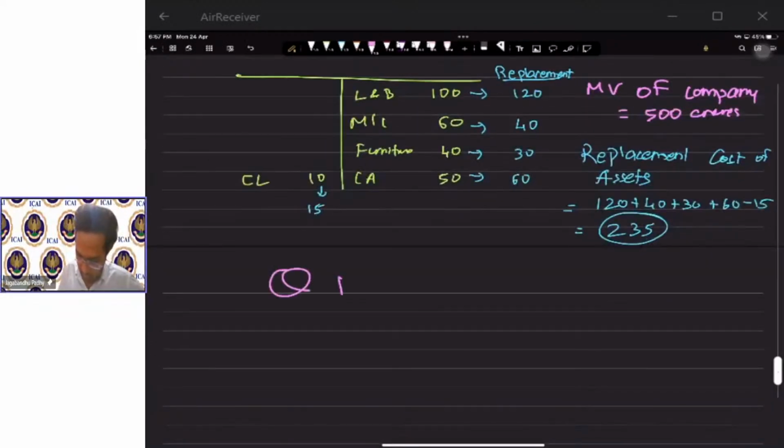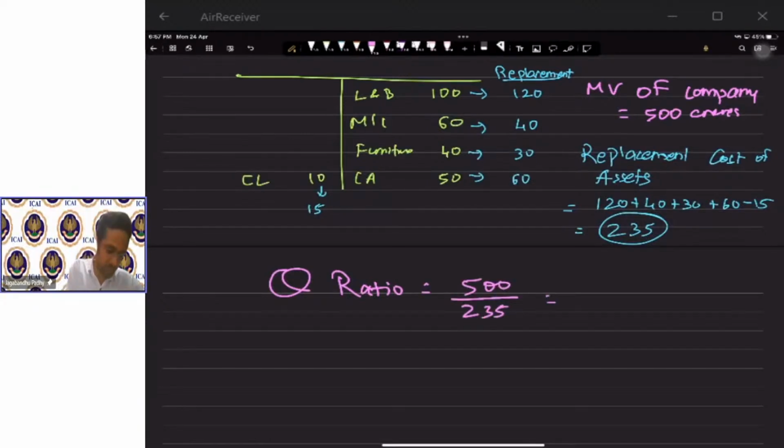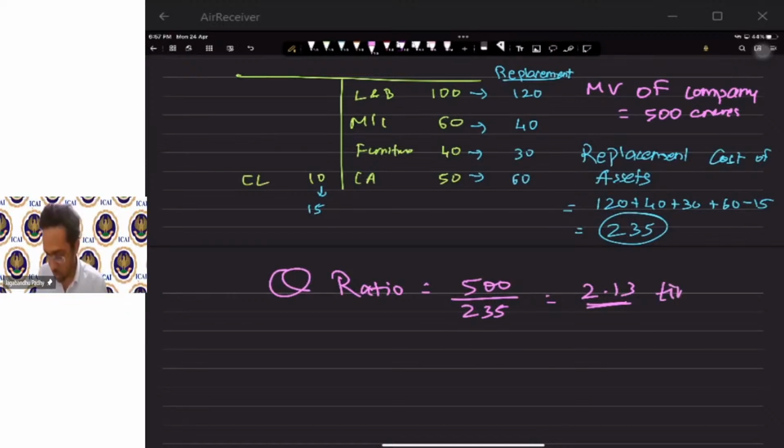So what will be the Q ratio here, guys? Q ratio will be 500 divided by 235, which is 2.13. This means the market value of the company is 2.13 times the replacement value of the assets it has.